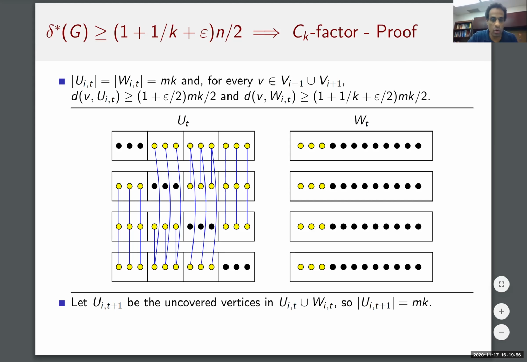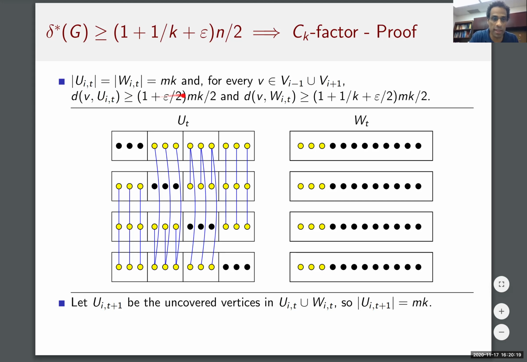So, great. If I make these assumptions, I'm actually able to find MK vertex disjoint CKs, which is what I wanted to do. But we want to be able to go into the next phase of the process.